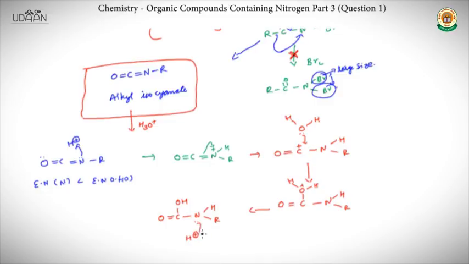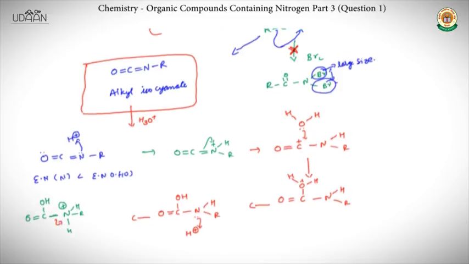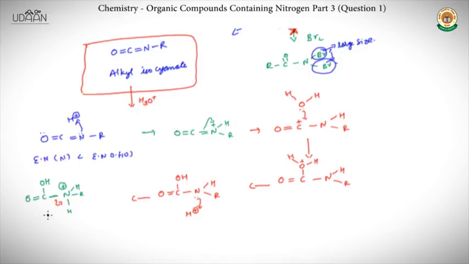This nitrogen donates electrons to this H plus ion, and you are going to get O double bond C OH NHR H plus, and it's going to take away this bond again, and you're going to have O double bond C OH, positive charge on carbon, and R NH2, which is a primary amine.